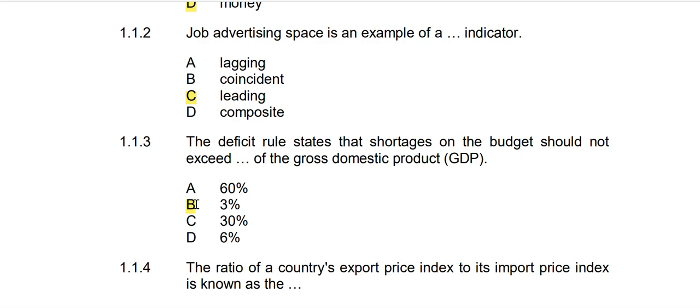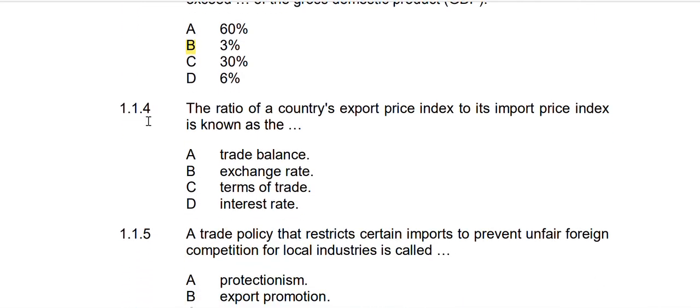Why the correct answer is B is because the deficit rule states that the shortage of budget should not exceed 3% of the gross domestic product. That is why the correct answer is B. And then let's move to the next question, 1.1.4.